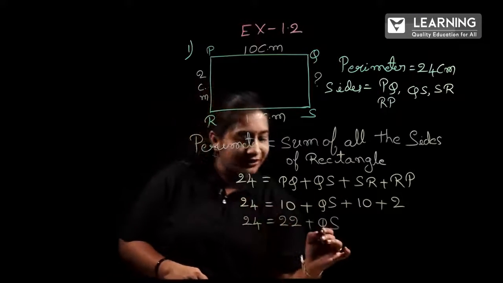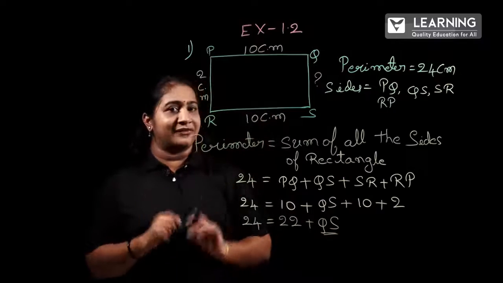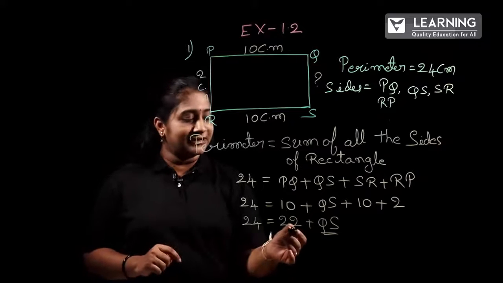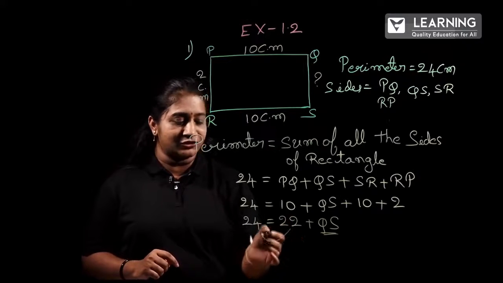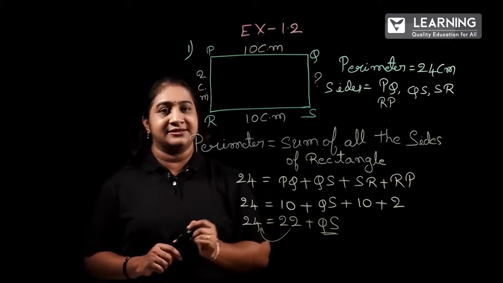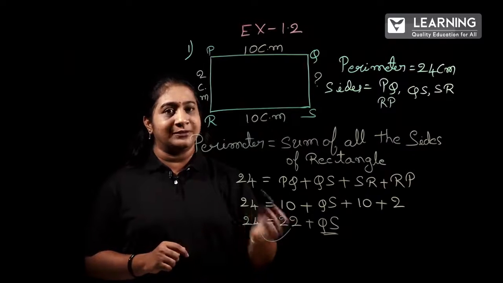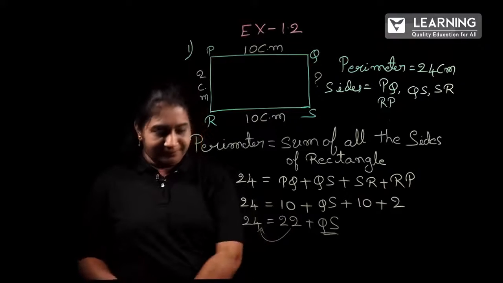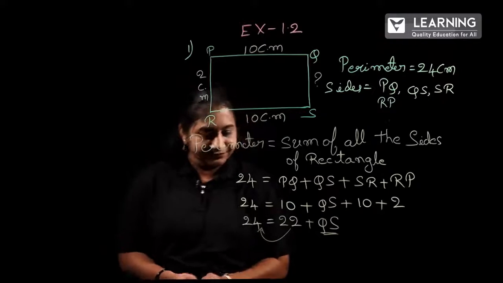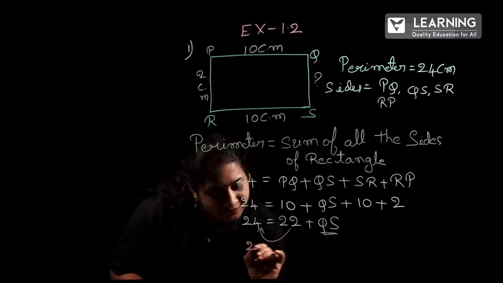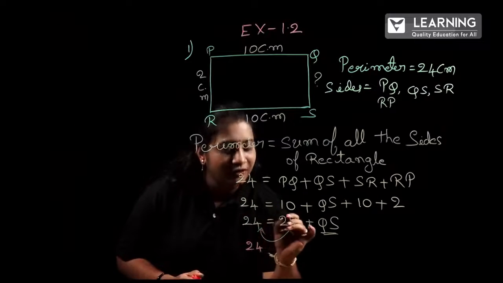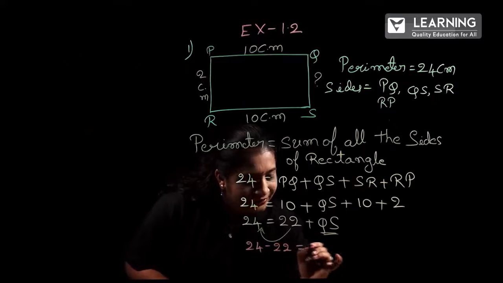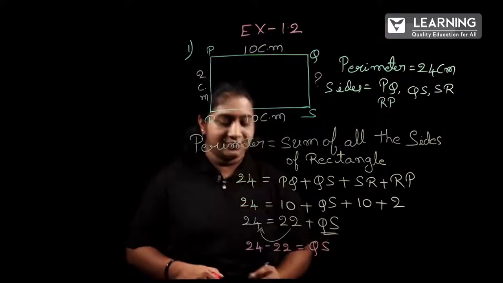So, first we have to find out the value of QS, right? What is the next step? Yes, bring the 22 from RHS to LHS. Then plus 22 will become minus 22. 24 minus 22 is equal to QS.